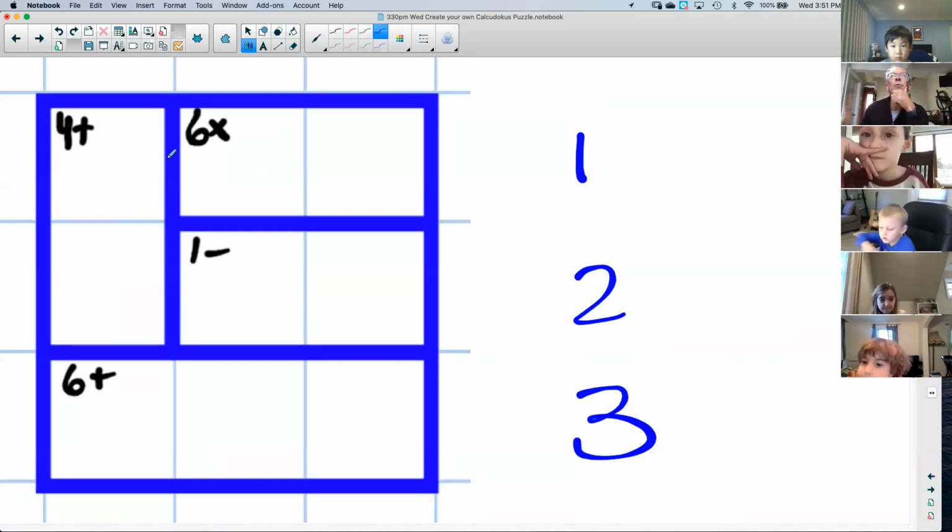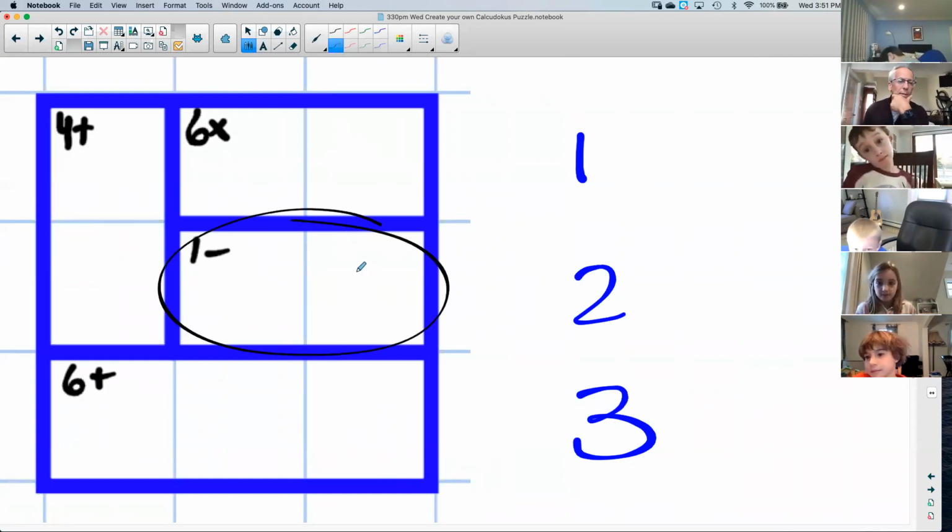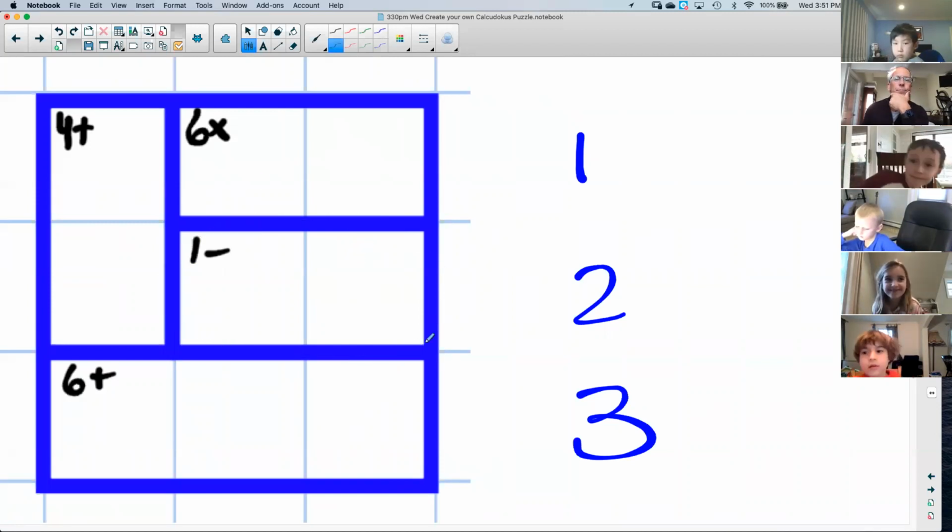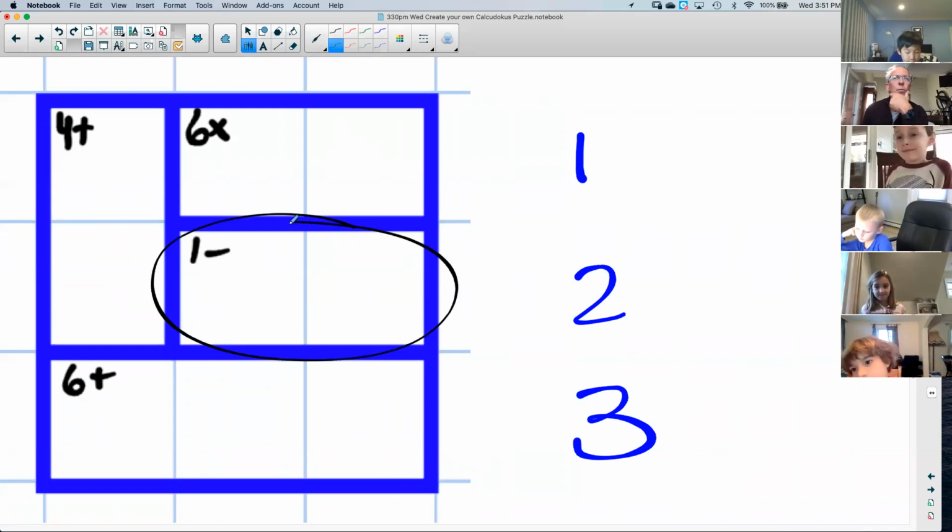So what numbers can I put in the 1 minus? Let's try to solve our own puzzle. Come on, what kind of numbers can I put in the 1 minus?